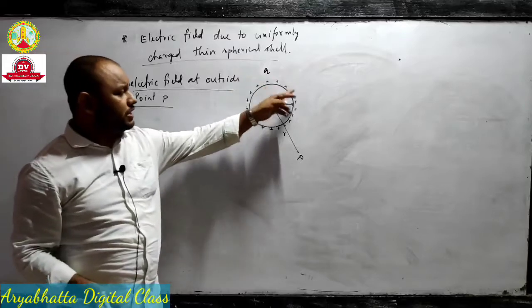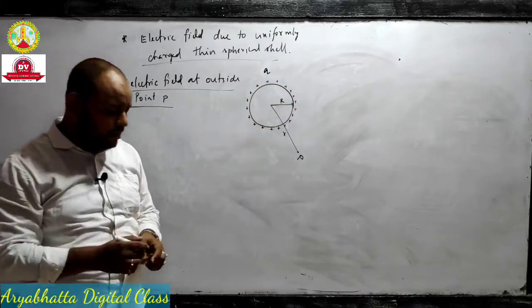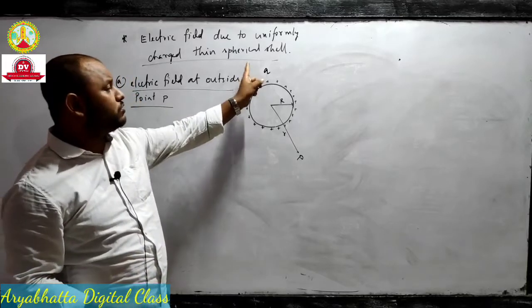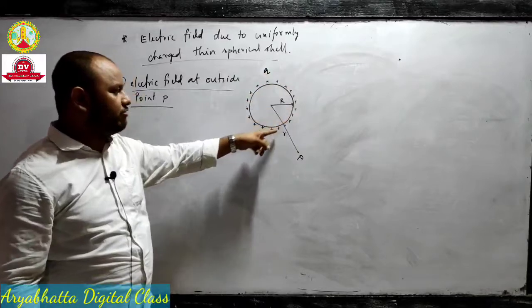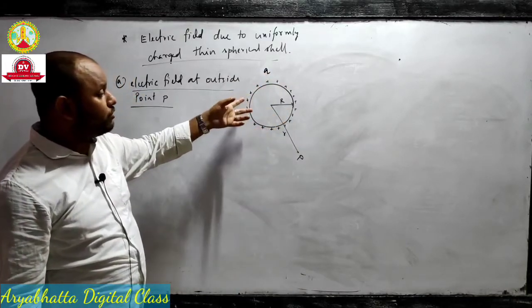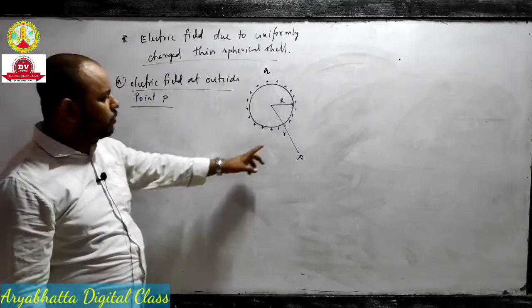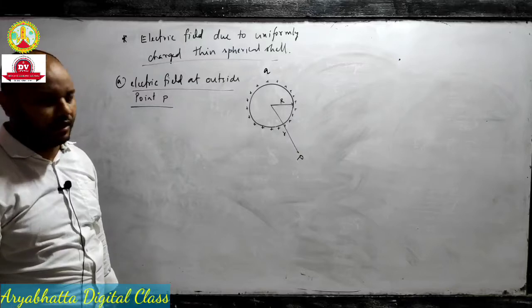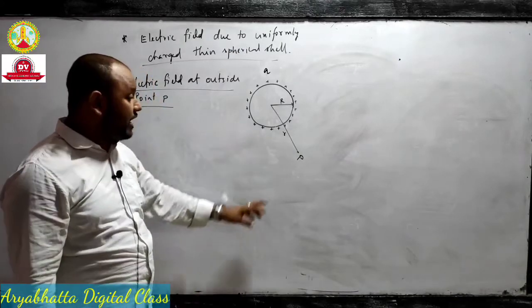Here this is a thin spherical shell of radius capital R. Here Q charges are uniformly distributed over the surface of the shell, and due to this thin spherical shell we need to calculate the electric field at this point P.